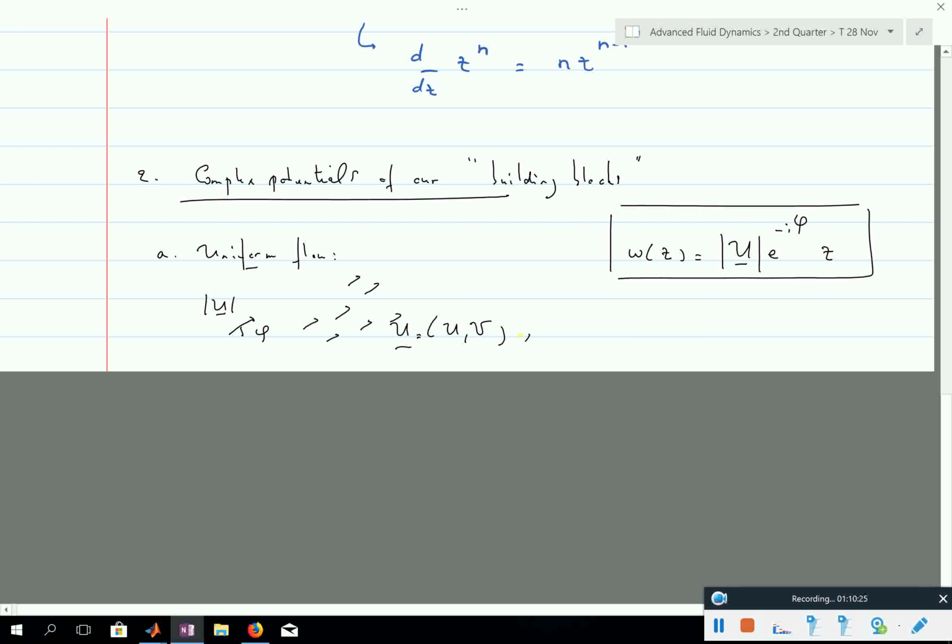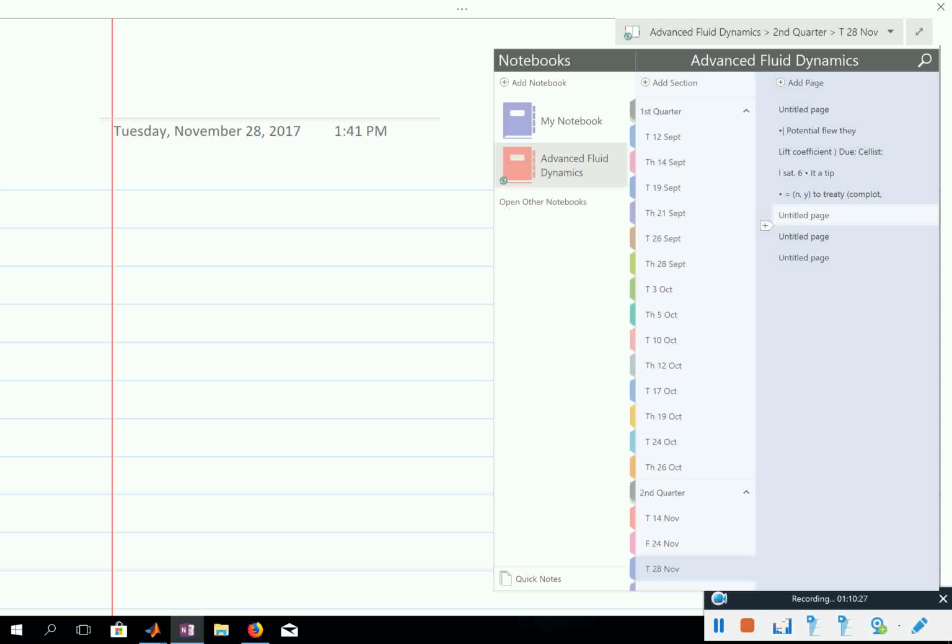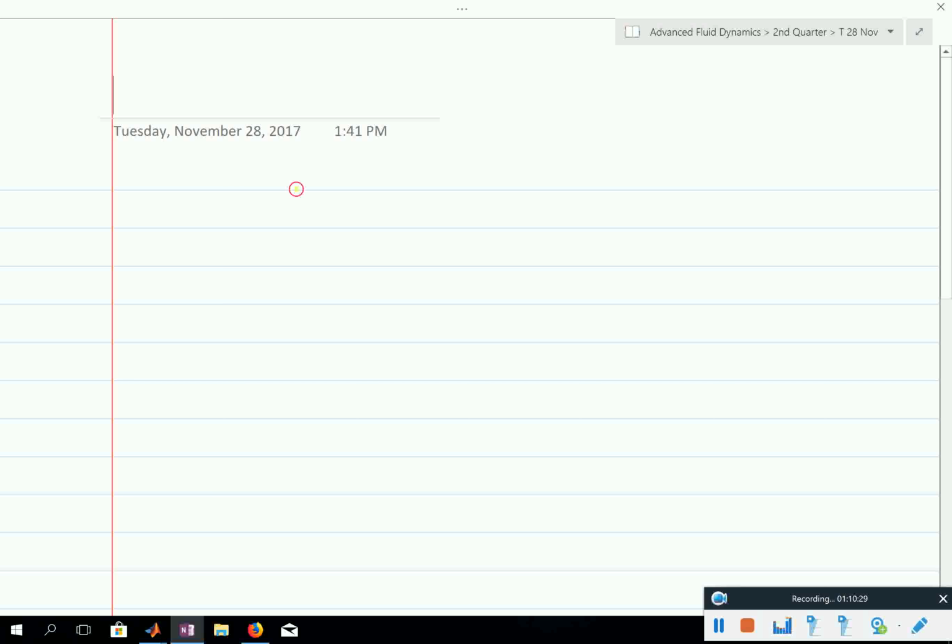Right, so if you want to go back to the velocity field, what do you do? You take the derivative. So if you want to go to u minus iv, this is dW(z) divided by dz. Okay? Now my W(z) for a uniform flow is just U exponential minus i phi times z. So what is the derivative of this? Right? Capital U is a constant, phi is a constant, so what's the derivative of this function here?